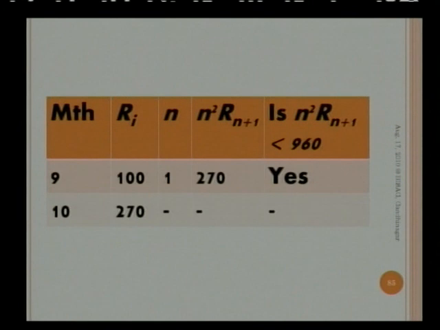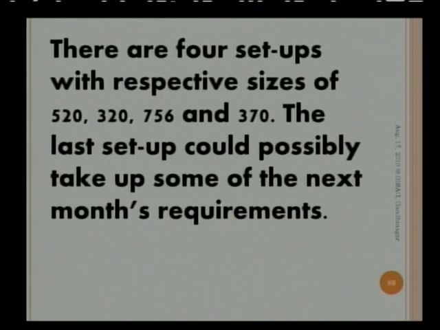So here the group will be of the 9th and 10th month, which is 570 units. So what we have in all, we have 4 setups with their sizes 520 units, 320 units, 756 units and 370 units. So in all, 4 setups are required to optimize the total cost.